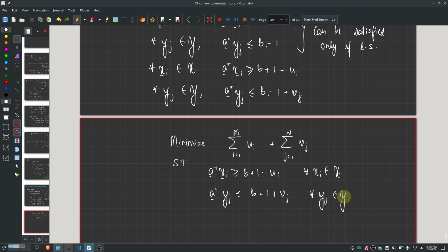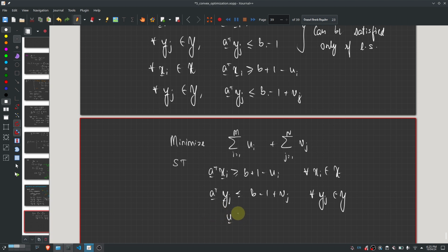for all y_j in Y. But we also need the constraints that the u_i's and v_j's are all non-negative. Otherwise, you could just set some of the u_i's to be really negative, and therefore that would not constitute a reasonable optimization problem.